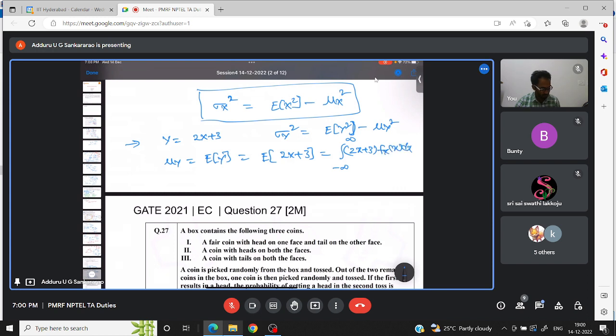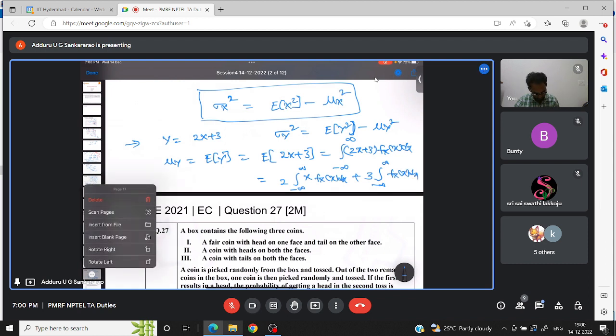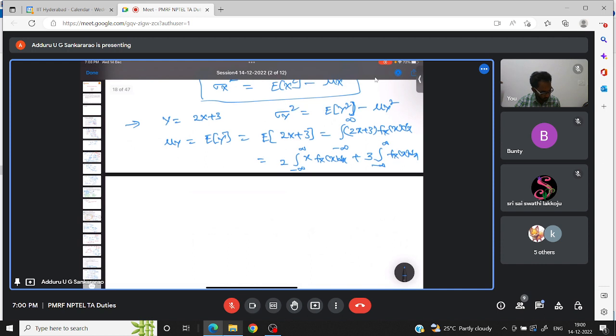Integration satisfies the linear property, so I can write 2 times the integral of x fx of x dx, plus 3 times the integral of fx of x dx. The first quantity is the mean of x, and the area under the PDF, the probability density function, is always 1. So this is 2 mu x plus 3.